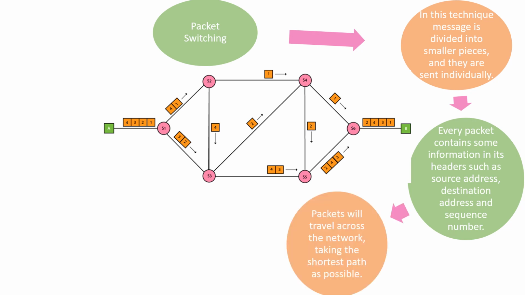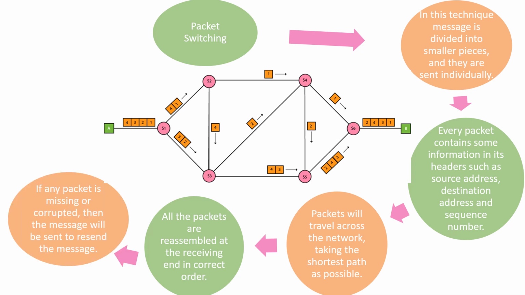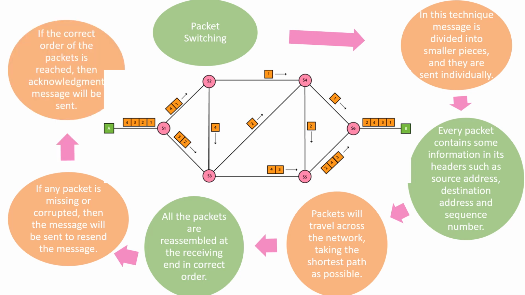Sequence number is the unique identity given for every packet, and the packets will travel across the network taking the shortest path possible, and all the packets are reassembled at the receiving end in the correct order based on the sequence number. And if any packet is missing or corrupted, then a message will be sent to resend the packet. If the correct order of the packets is reached, then the acknowledgement message will be sent. So this is about packet switching.